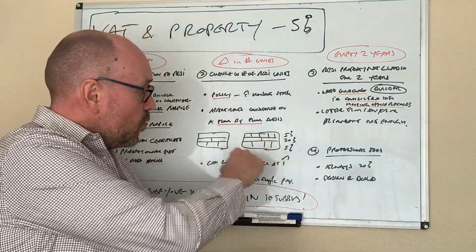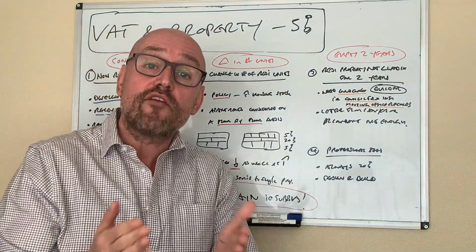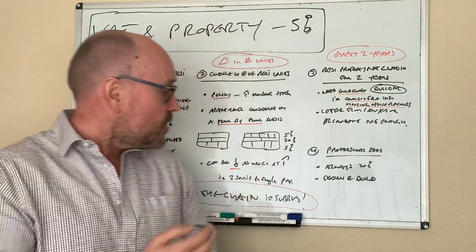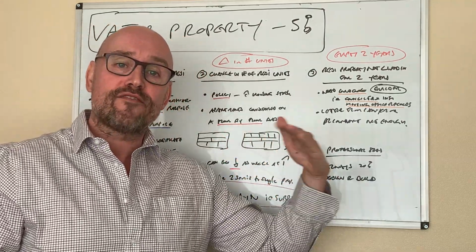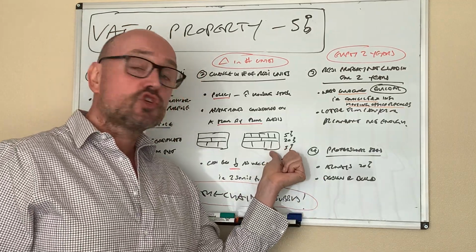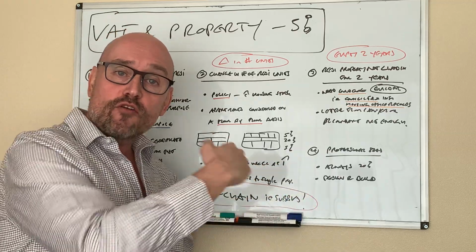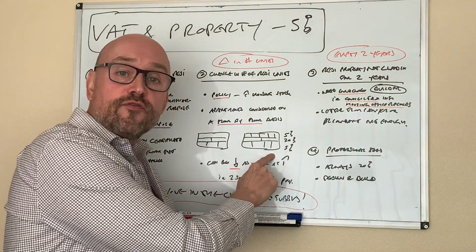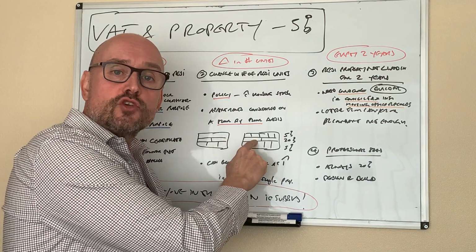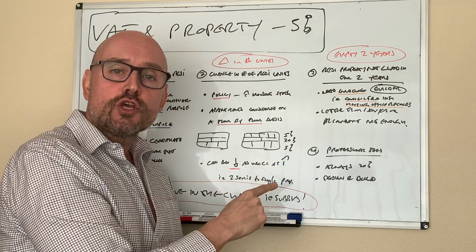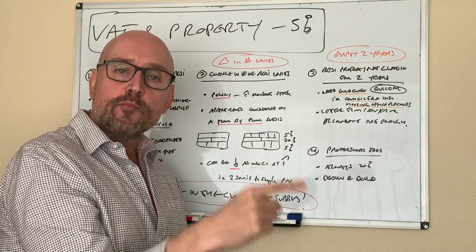So this is an example where reduced rate of VAT kicks in. But the problem here is you have to look at this on a floor by floor basis. So what's happened is that the change in the number of units on a floor by floor basis, we've gone from 3 to 4, 2 to 2, and 1 to 5. So you can see there's been no change on the number of units in the middle floor.